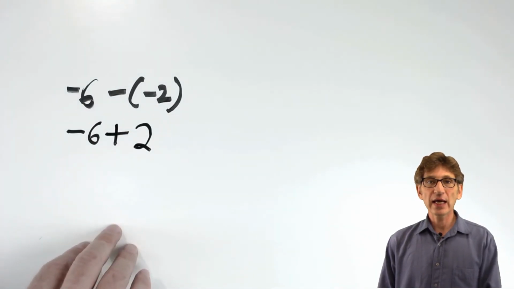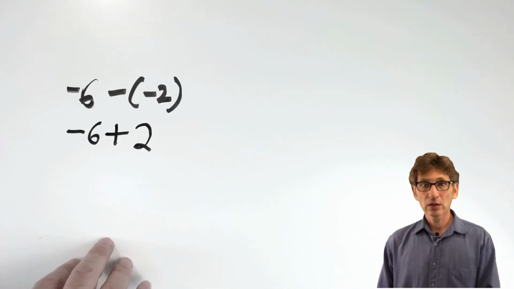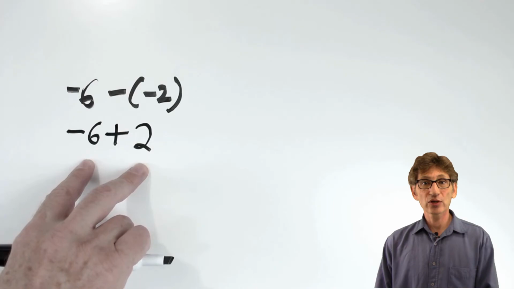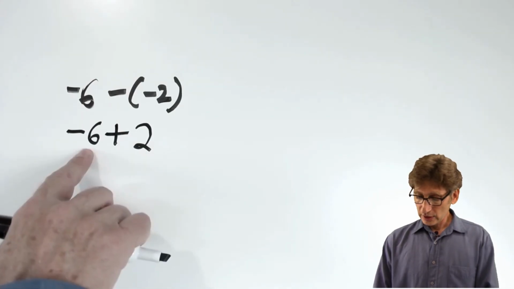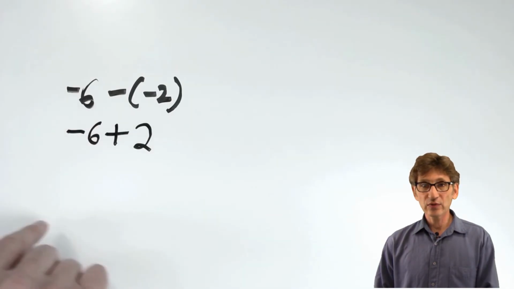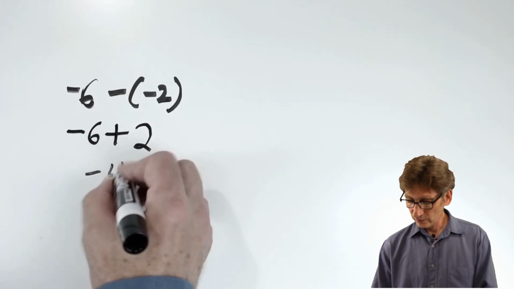And once again, I end up with a situation where I'm adding negatives and positives. Look at the absolute values of the two numbers, subtract them, use the sign of the number with the larger absolute value. So 6 minus 2 is 4. The negative 6 has the larger absolute value, so I'll use the negative sign. This becomes negative 4.